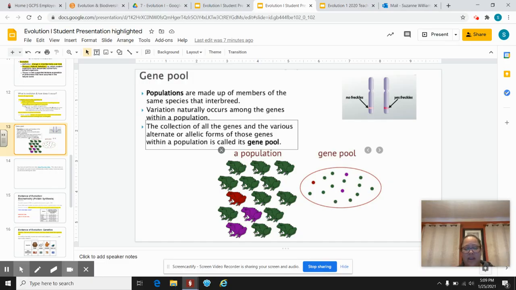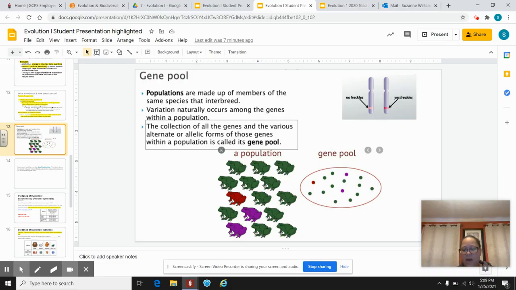On the other side, let's say that a hawk can see the purple frogs really easily, and it eats up all the purple frogs. So now those purple frogs are no longer available to reproduce, and the genes that they carry for that purple color are going to decrease in frequency in the gene pool, and eventually maybe there won't be any purple frogs.